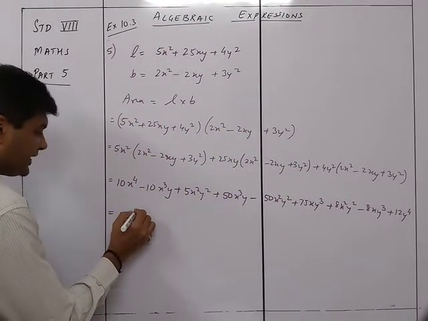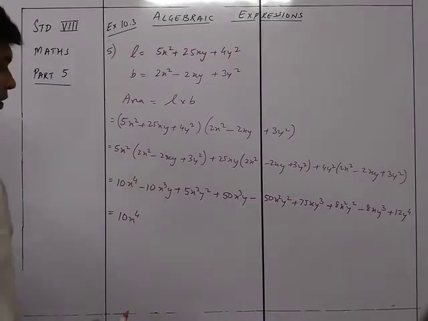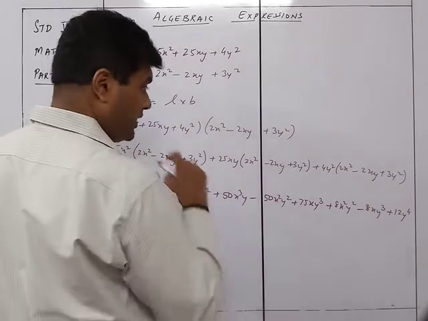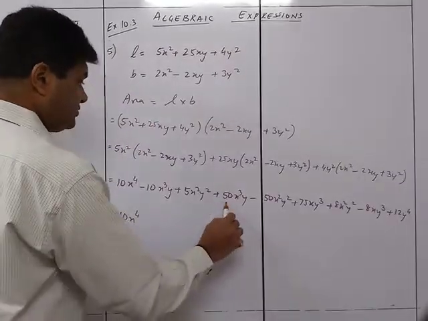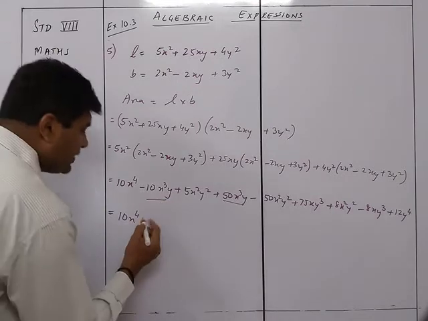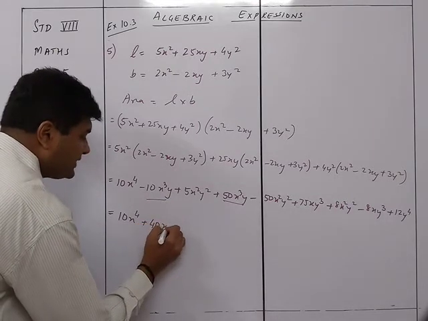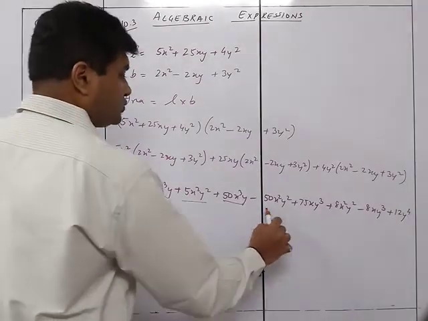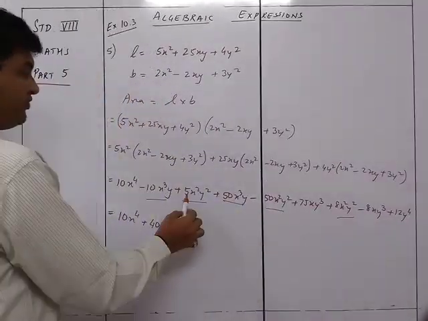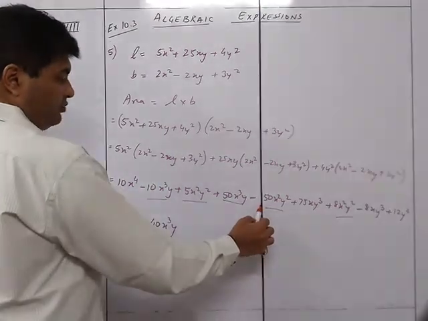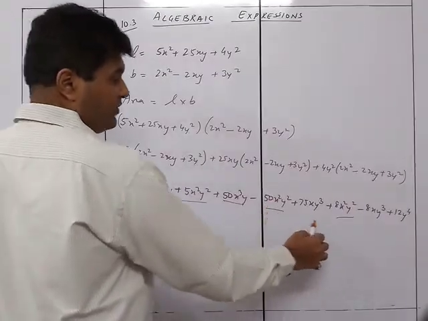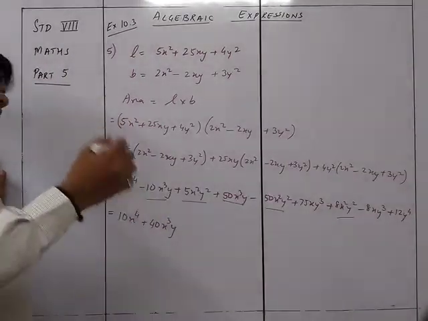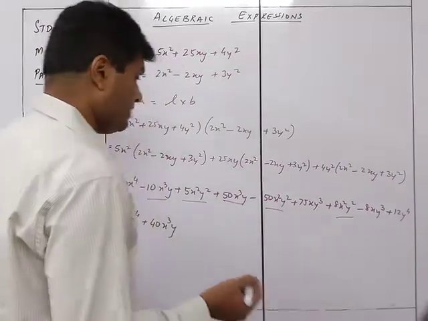So 10x raised to 4 is going to be alone. x cube y, that's it, this one and this one, so that will give you plus 40x cube y. x square y square, x square y square, x square y square, so this will be 5 minus 50, so minus 45 plus 8, minus 45 and plus 8 will be minus 37.